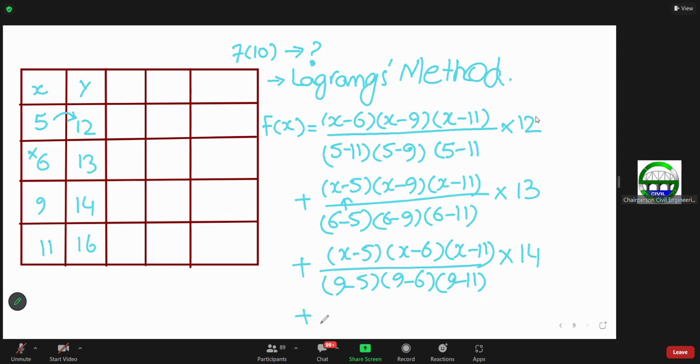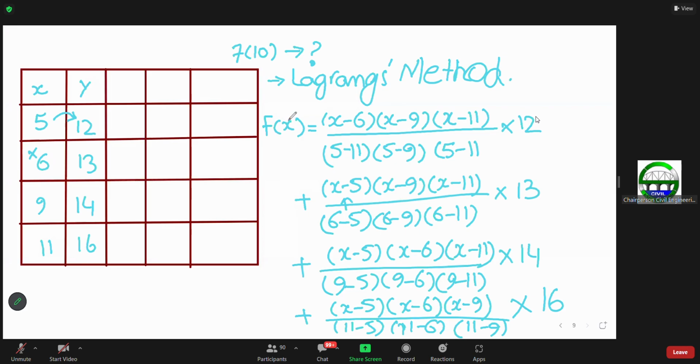And then finally hide 11, so it will be x minus 5, x minus 6, x minus 9, divided by 11 minus 5, 11 minus 6, 11 minus 9, multiplied with 16, correct?